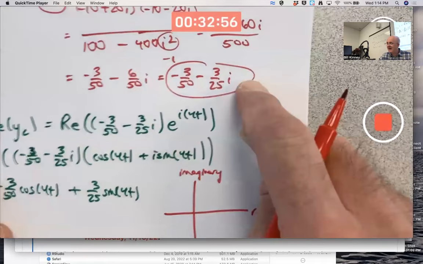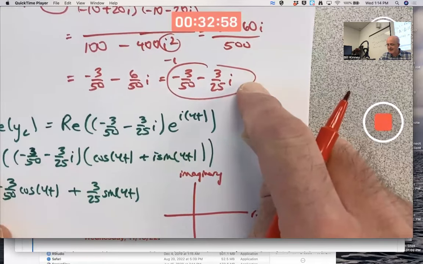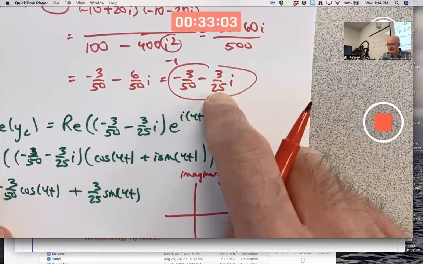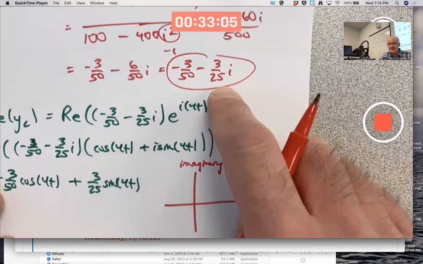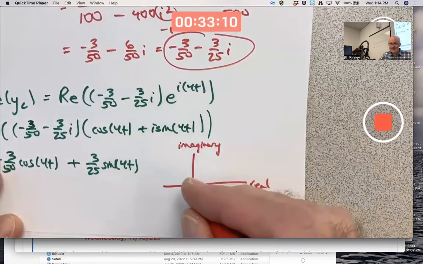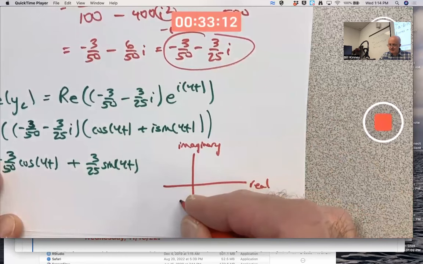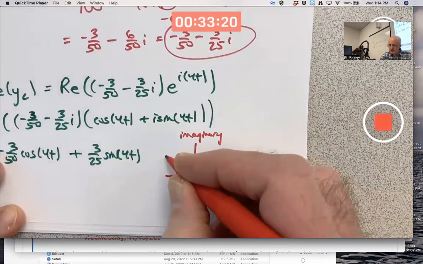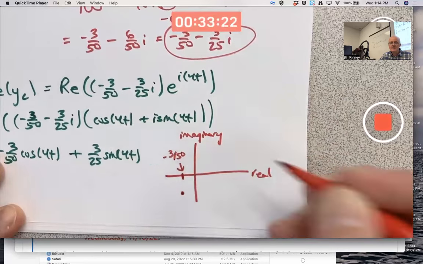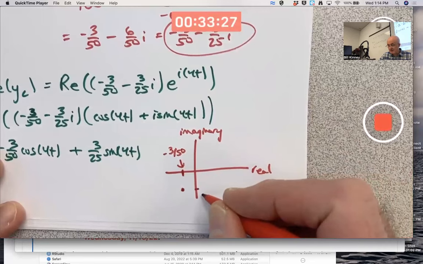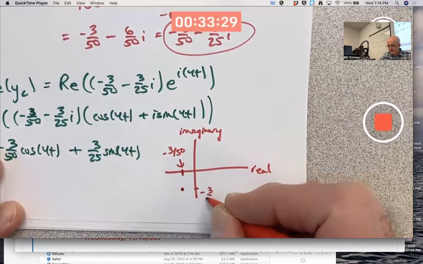How do you graph a complex number in the complex plane? You treat the real part as the first coordinate and the imaginary part as the second coordinate, negative 3/50 and negative 3/25. Negative 3/50, negative 3/25, a bit further away from 0. It's going to give you a complex number, say right about there. Let's pretend that number represents the real number negative 3/50. And this number represents the purely imaginary number negative 3/25 times i.